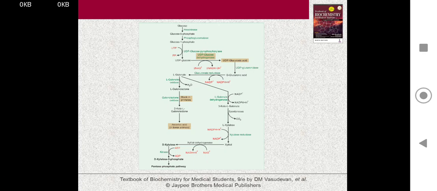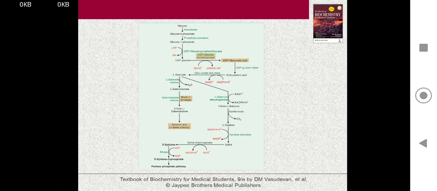Here in human beings, the enzyme gulonolactone oxidase is absent. So, ascorbic acid, known as vitamin C, is to be taken in the diet, because human beings cannot convert L-gulonolactone to ascorbic acid.